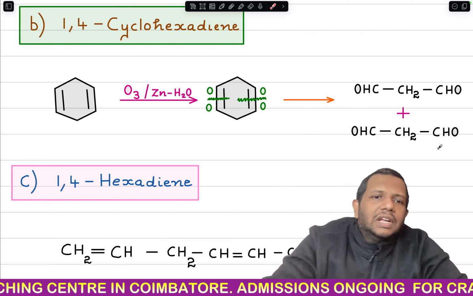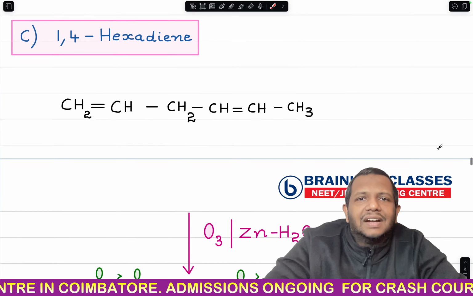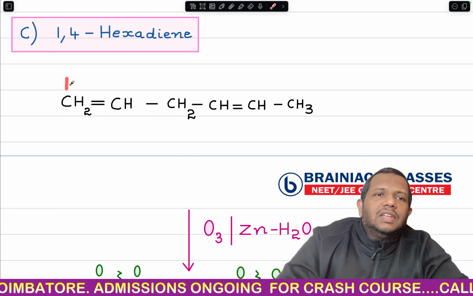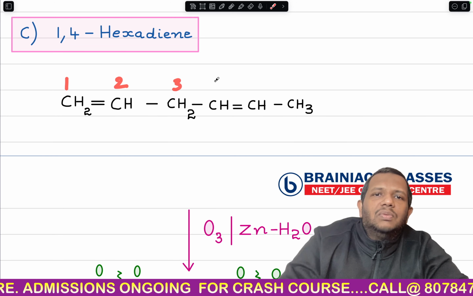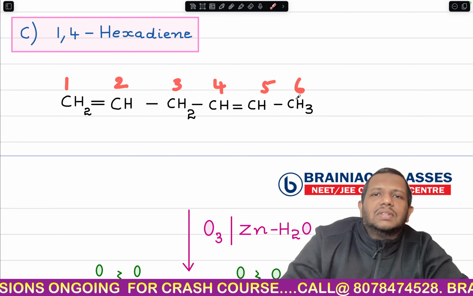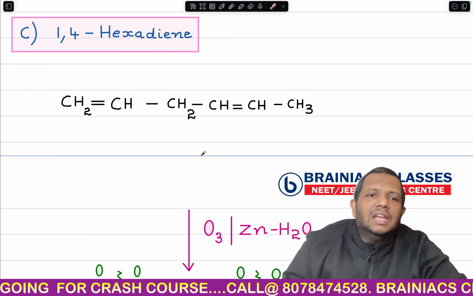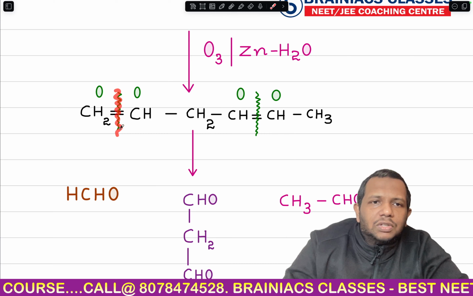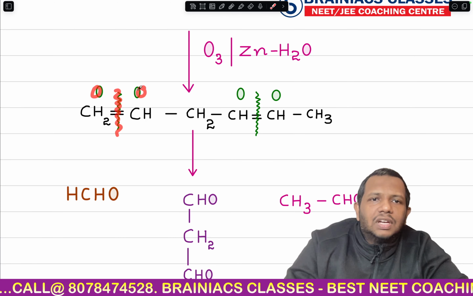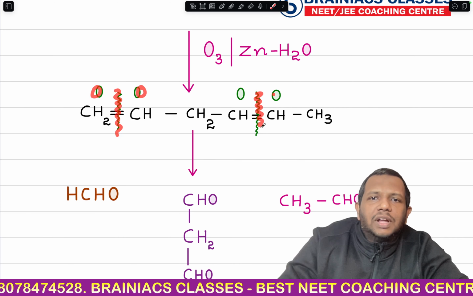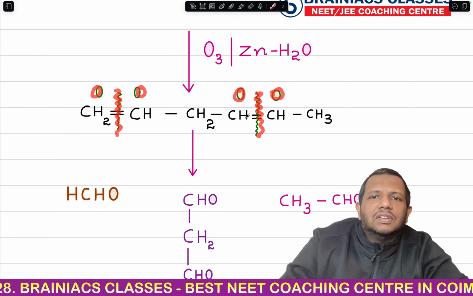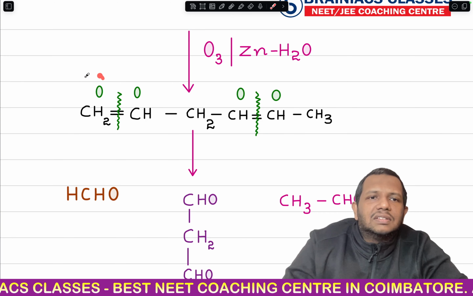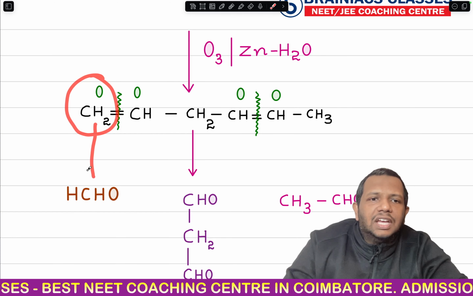So next we will see 1,4-hexadiene. 1,4 means you can see here 1, 2, 3, 4, 5, 6. This is 1,4-hexadiene. Again you do ozonolysis. You can break the bond, completely remove the double bond and put oxygen on both sides. Here also completely remove the double bond and put oxygen on both sides. So this will become HCHO.